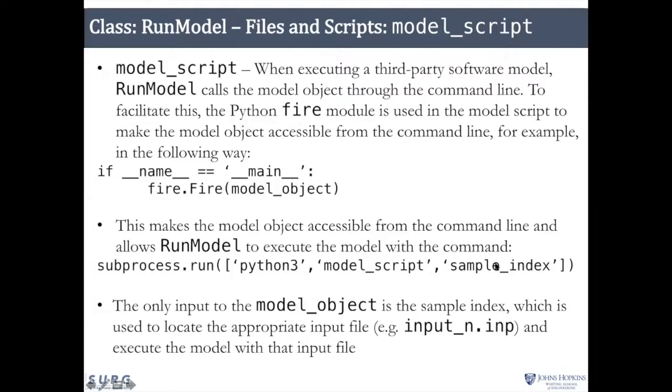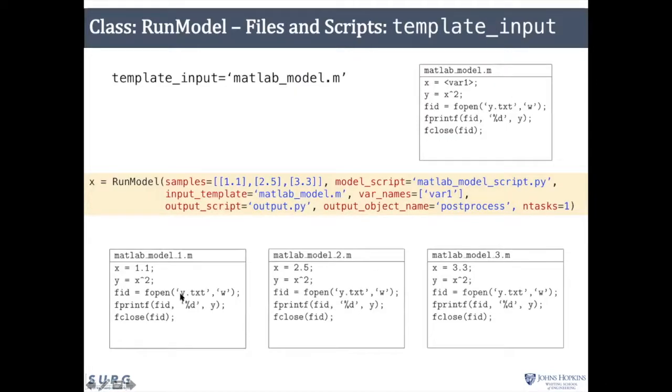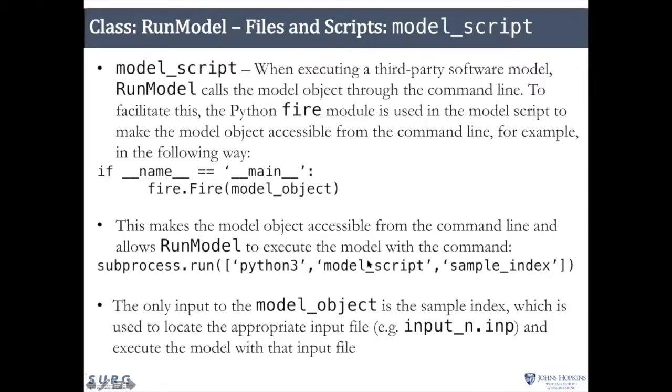So this sample index is utilized by the model object to locate the appropriate input file called input_n.inp. This input file has been generated by RunModel using the template input. So the sample index is used to locate this input file, and then one execution of the model is performed by commands located inside the model object.